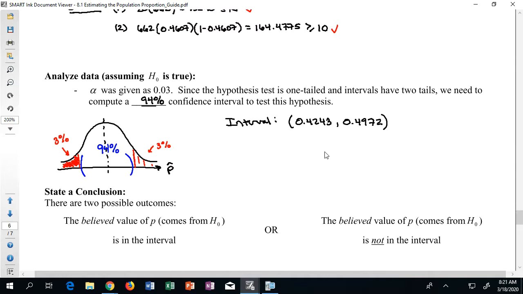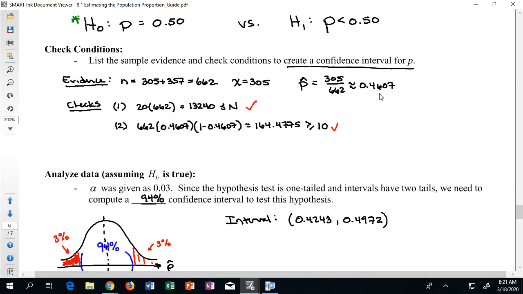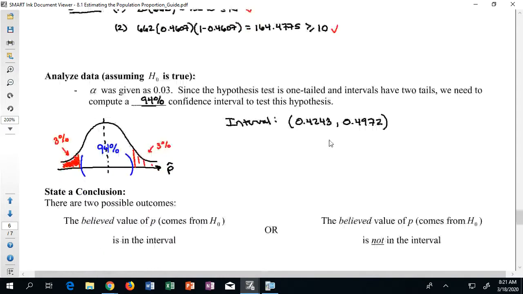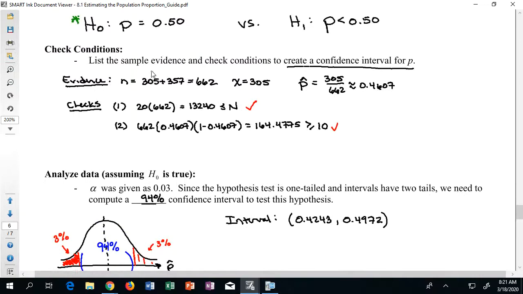Now notice, this interval is what is going to help us understand how good our hypothesis fits. Right now, we're again testing H0, like we always do. So we're walking into this problem saying, let's just say for the sake of argument that P is 0.5. Would it be weird to get the sample percentage that we saw? When we look at the interval, we go, well, wait a minute. If you're telling me that P is supposed to be 50%, and we're 94% confident that the real value of P is in here, does 50% seem like a good fit anymore?